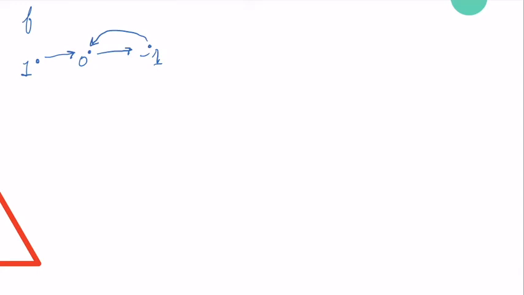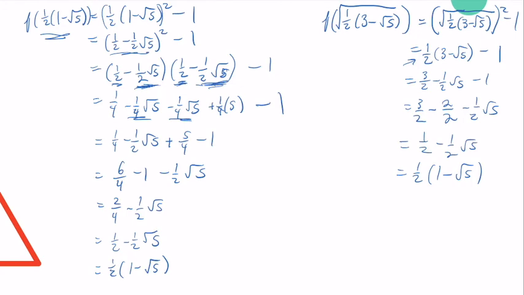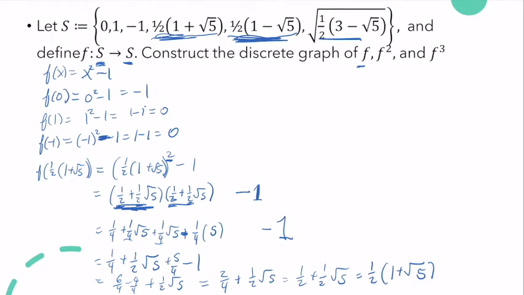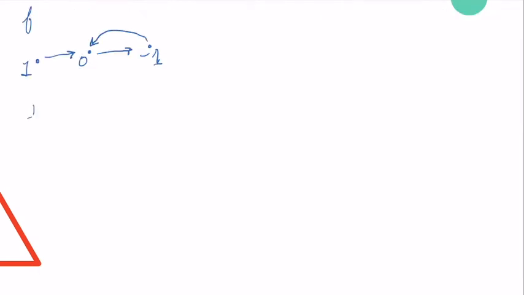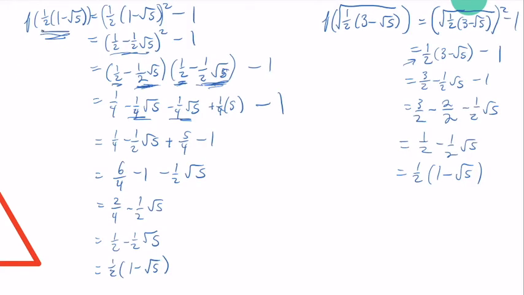We have 3 left. I then found that 1/2 times 1 plus the square root of 5 maps to itself. So let's go ahead and write that in our drawing. I have 1/2 times 1 plus the square root of 5, and it maps to itself. We draw that like a little loop. I also found that 1/2 minus the square root of 5 maps to itself.